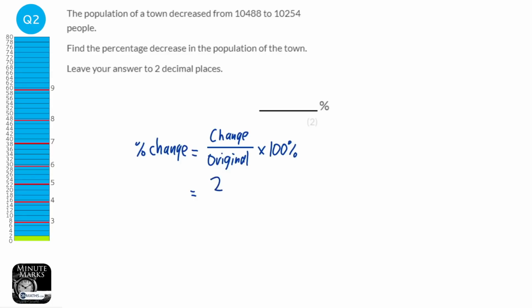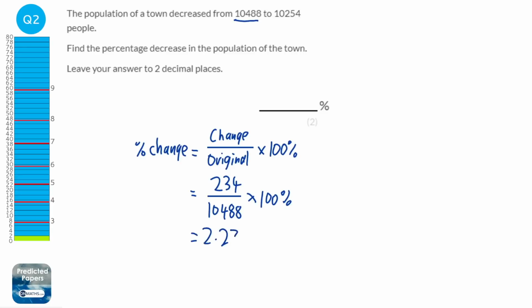So that would be 234. Divide it by the original. So the original was 10,488 because it's decreased from that amount. And then times by 100%. And so that's going to be 2.23%.